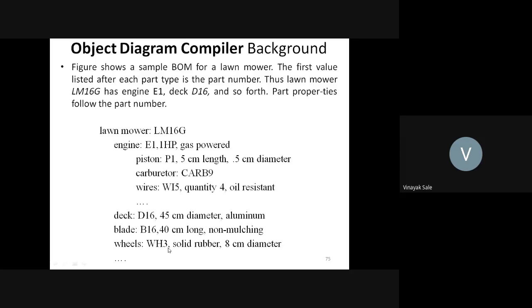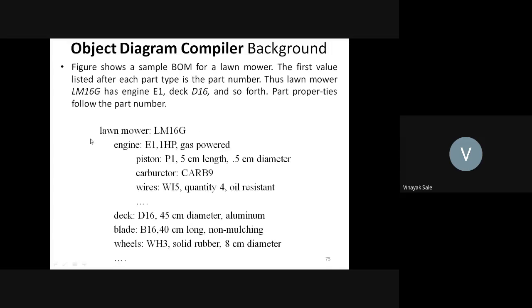These are the part numbers, and part properties follow the part numbers. Suppose this engine E1 is the part number, and the part property is 1 HP gas powered. Piston P1 has properties 5 centimeter long, 0.5 centimeter diameter.